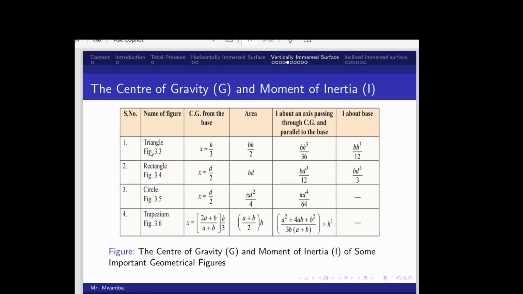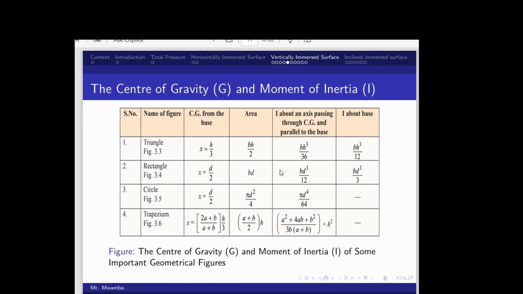When a triangular object is immersed in a liquid, its surface area, we know the area of the triangle is base times height over 2. Then its moment of inertia will be given by the base times the height cubed over 36. This one, you have to know by heart. So when we're talking about the triangle, the moment of inertia will be given by this formula.